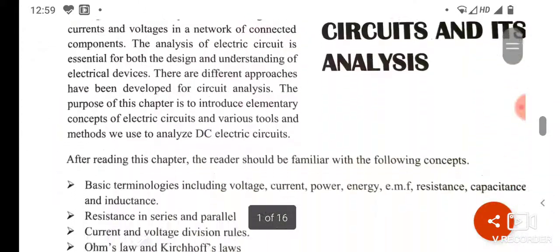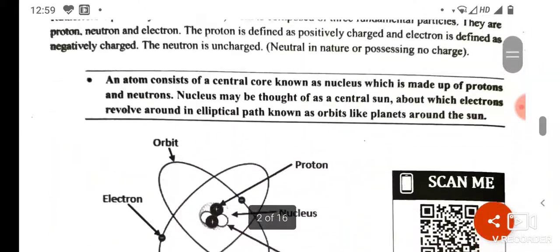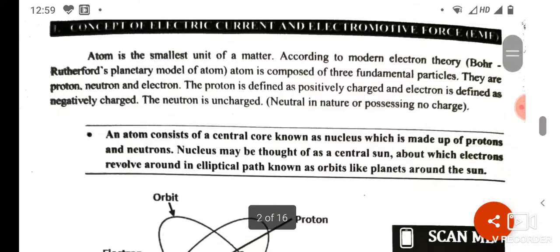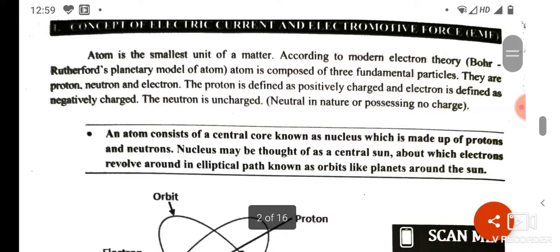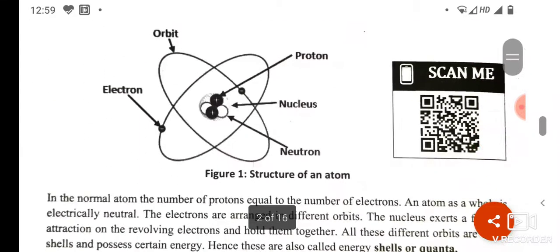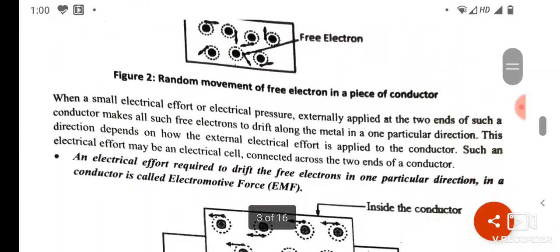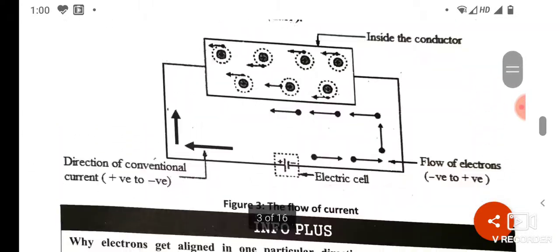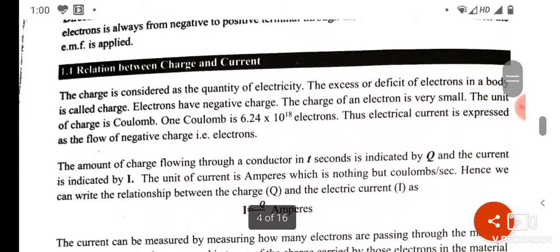First we went through the basic structure of an atom, then concept of electromotive force and electricity, what is valence electron and all, what is EMF, difference between EMF and potential difference, what is the relation between charge and current, what is the relation I is equal to Q by T, rate of change of charge.